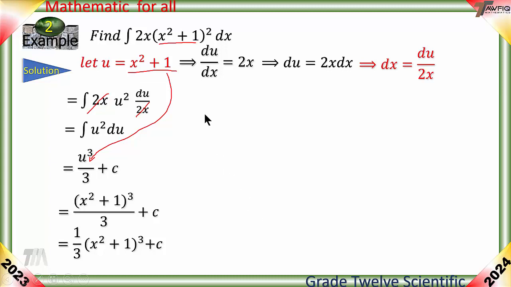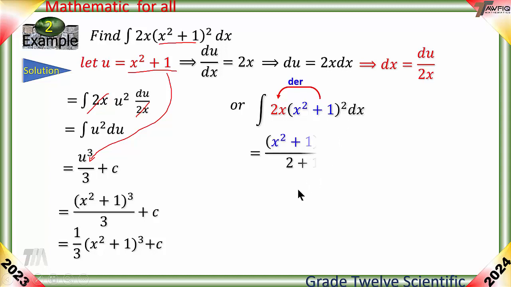Or we can solve this example in another way. Because the derivative of the inside of the bracket is 2x, so we have the derivative. To take the integration of this function, only add 1 to the power and divide by the new power.